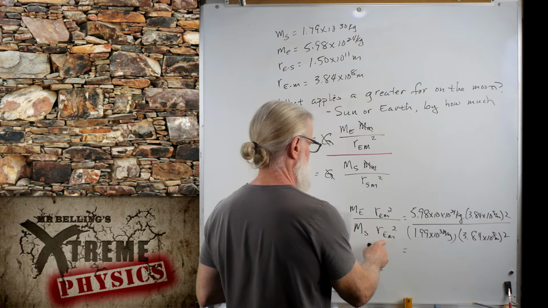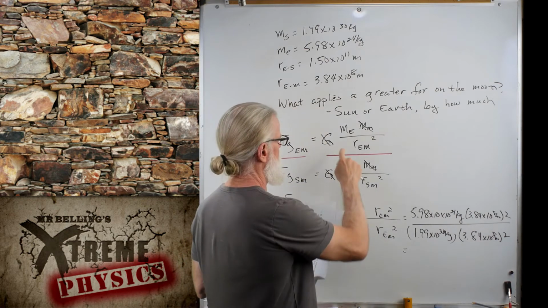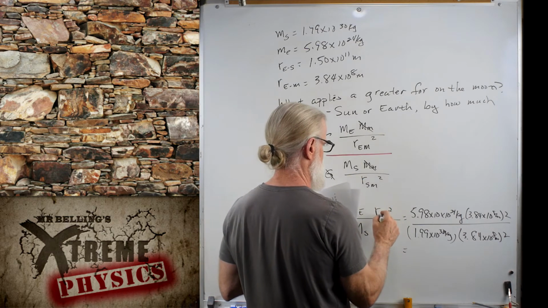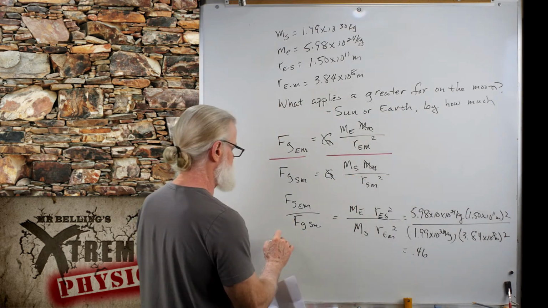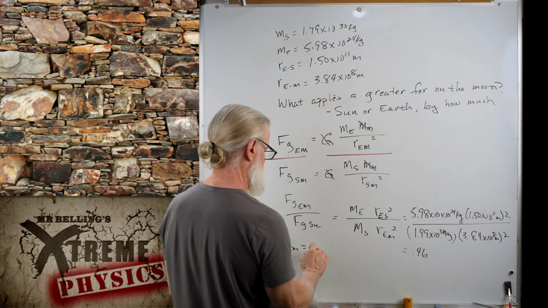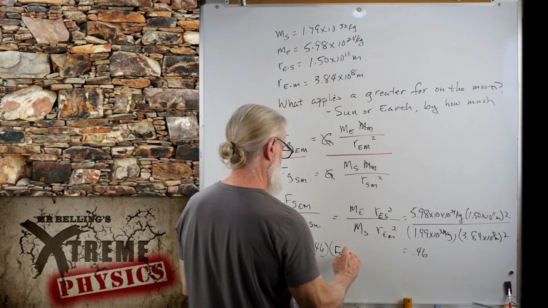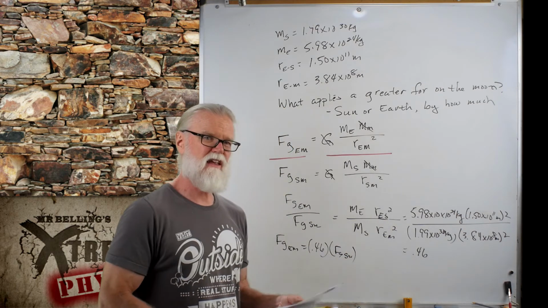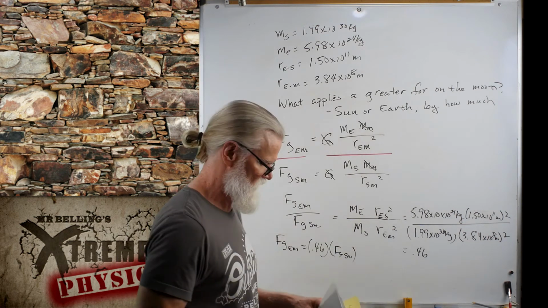Oh, wait a second, that's not right. Okay, well, I screwed up. This should have been Earth-Sun. All right, I got 0.46. So basically, the force of gravity of Earth on the Moon equals 0.46 times the force of gravity of the Sun on the Moon. So the Sun is applying about twice as much force on the Moon than the Earth is.